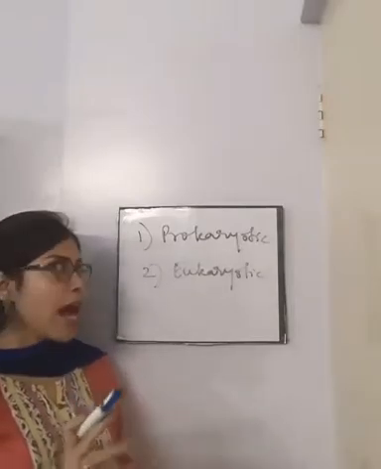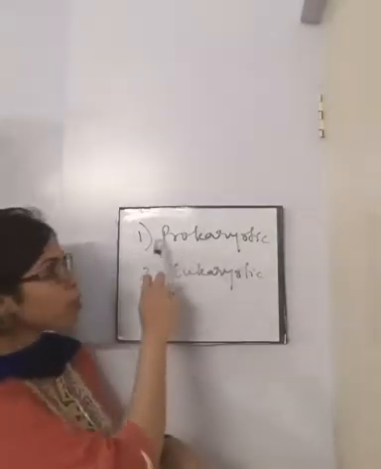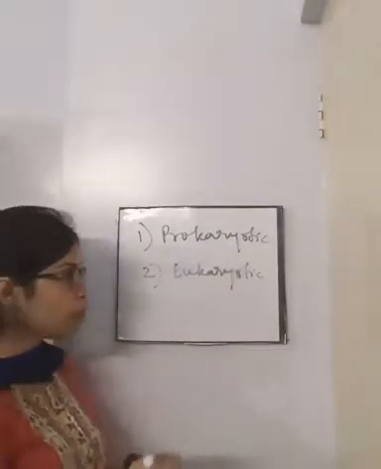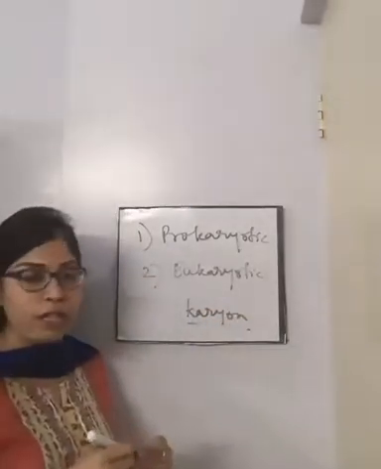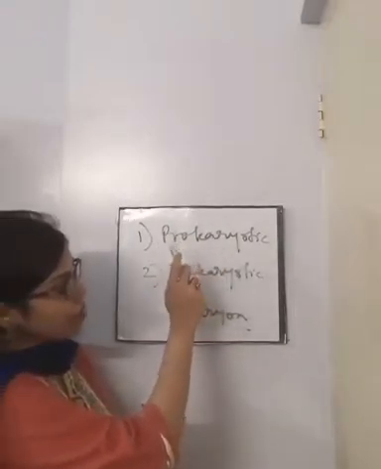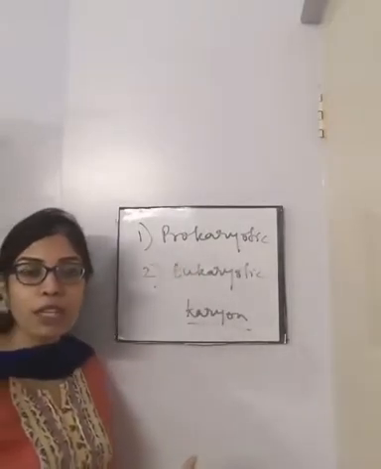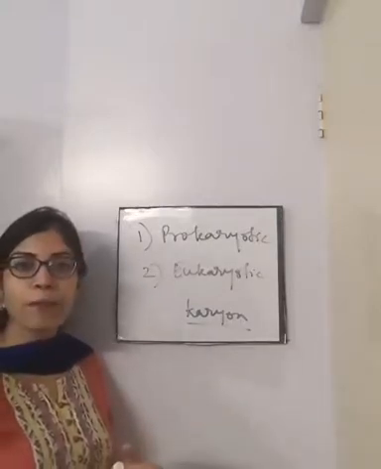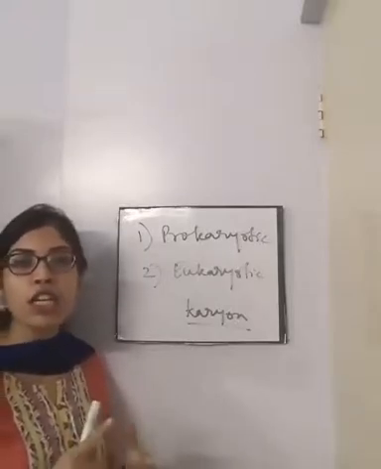Now coming back to these categories, in prokaryotic, the word pro means primitive and karyotic comes from the word karyon, which means nucleus. So a primitive nucleus is found in this type of cell. Why a primitive nucleus? Because the nucleus in these cells does not contain a nuclear membrane or a nucleolus, and thus is not a true nucleus.